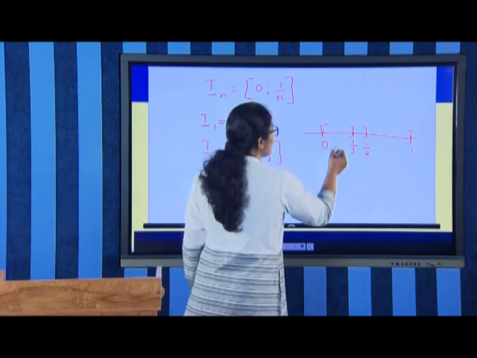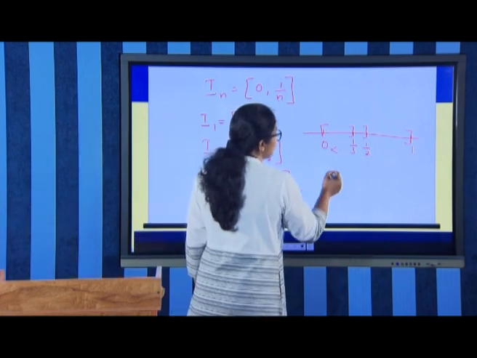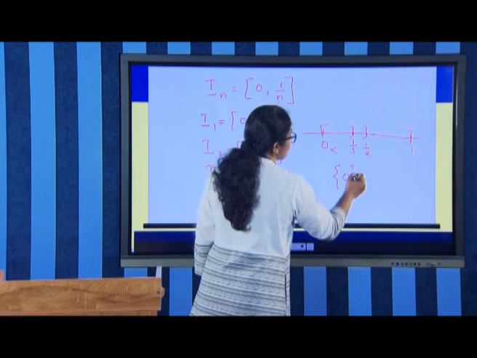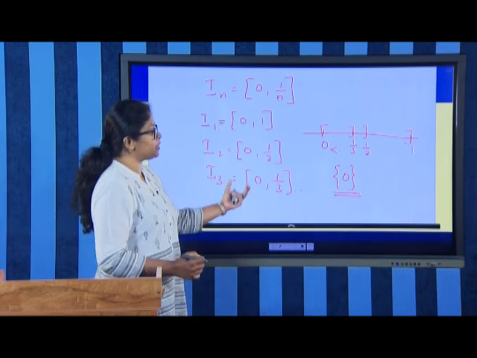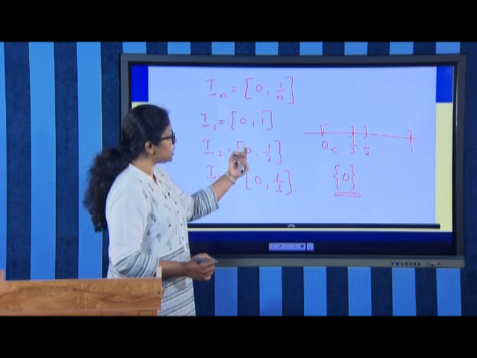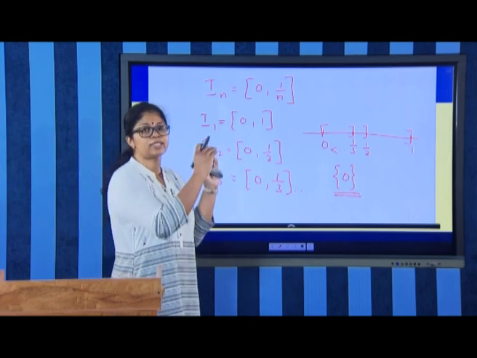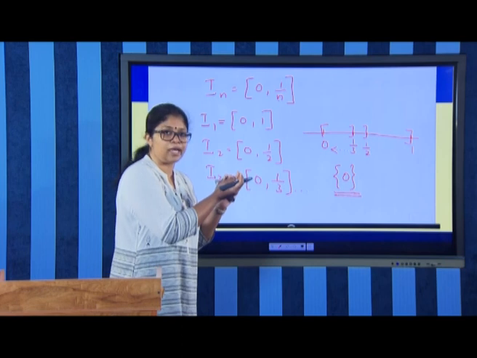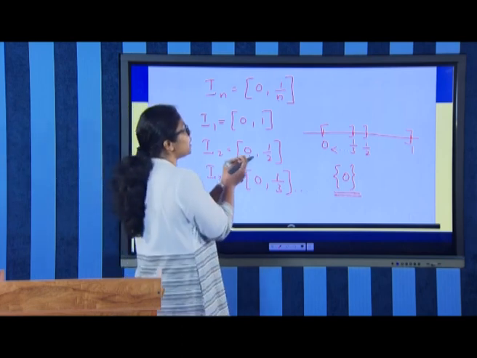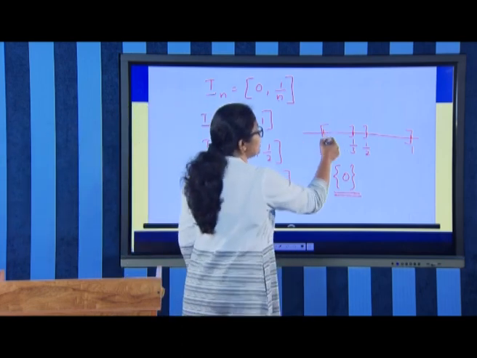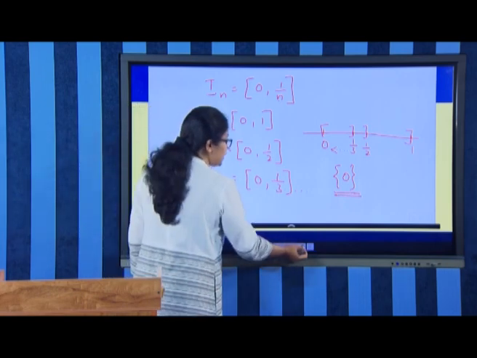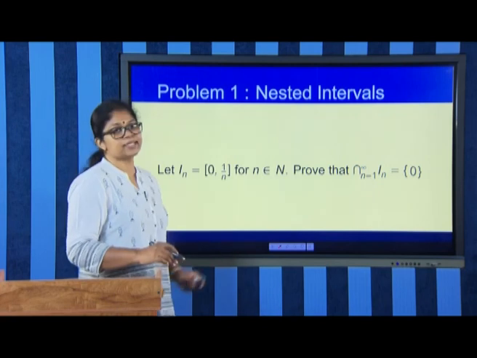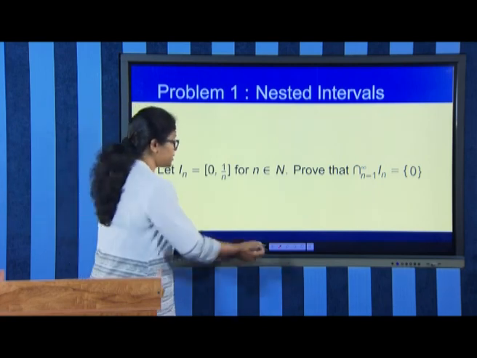So this approaches the singleton set {0}. These are nested intervals, because I_1 contains I_2, contains I_3; the intervals are becoming smaller and smaller, and finally, as n approaches infinity, we get the singleton set {0}. That is why we have the intersection as the singleton set {0} in this case.